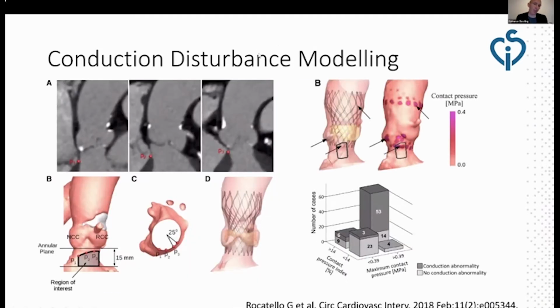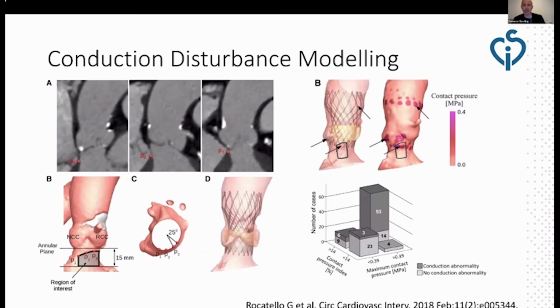The next component that's been added to the software more recently is the conduction disturbance modeling. Much as Hassan has been a pioneer in this area, we identify the membranous septum in 3 positions and then use that to identify where the left bundle branch is.